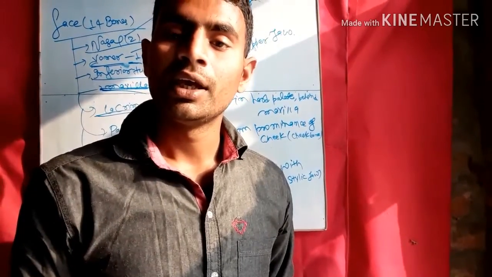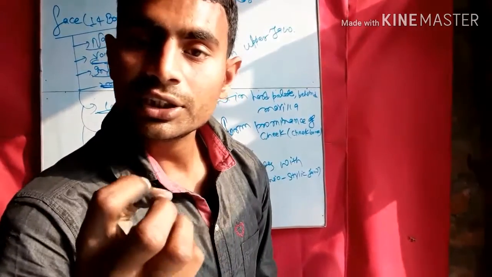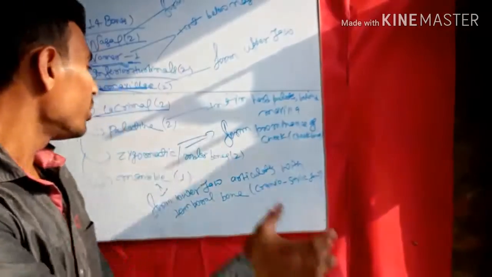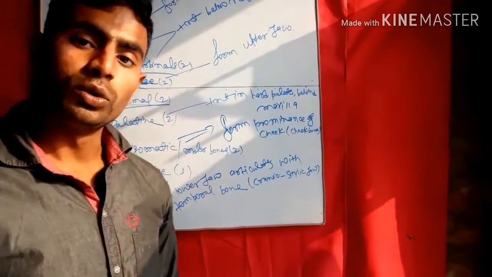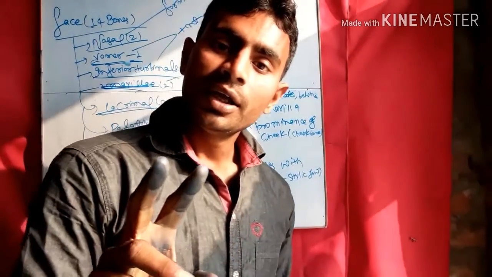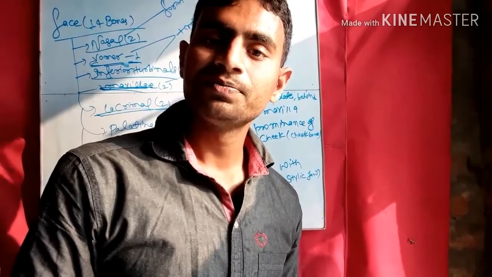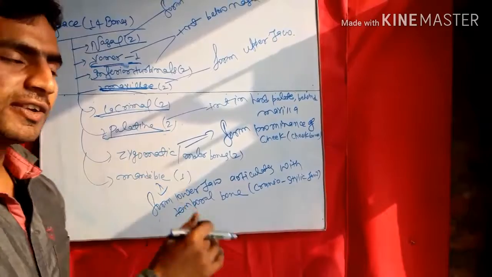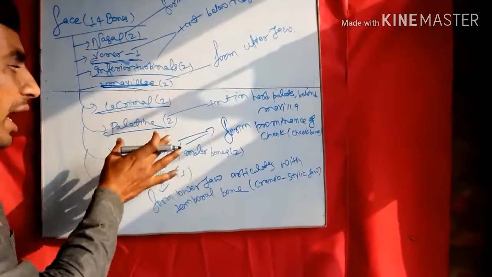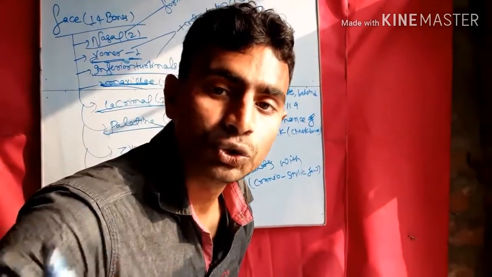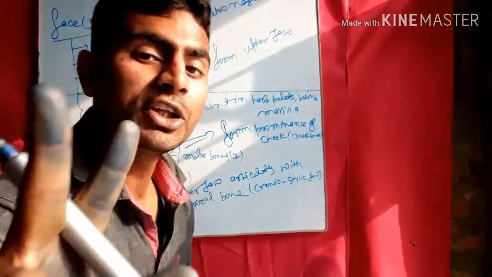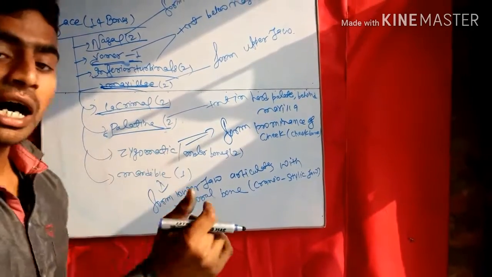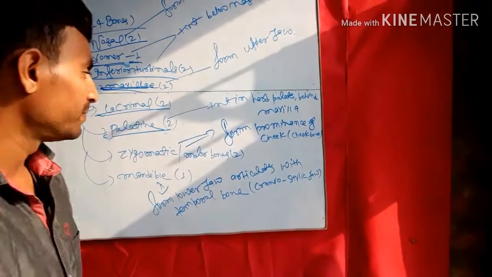Its number is 2. And palatine is present in the hard palate behind the maxilla, and its number is 2.